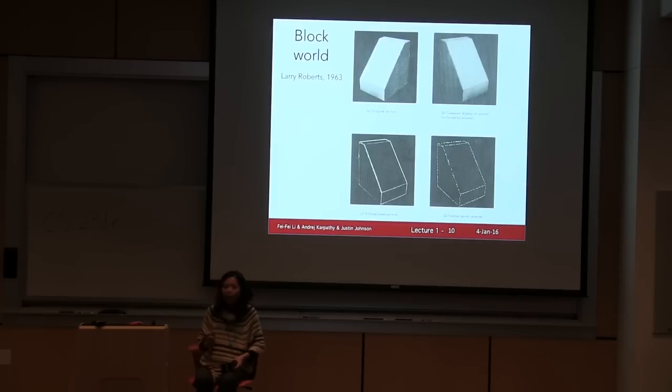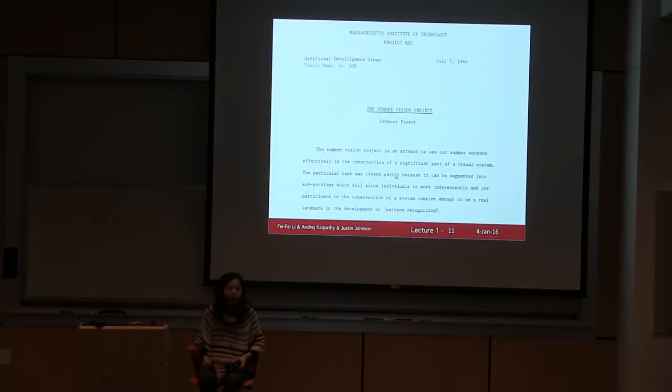But we always like to say that the birthday of computer vision as a modern field is in the summer of 1966. In the summer of 1966, MIT Artificial Intelligence Lab was established. Before that, actually, for one piece of history, you should feel proud as a Stanford student.